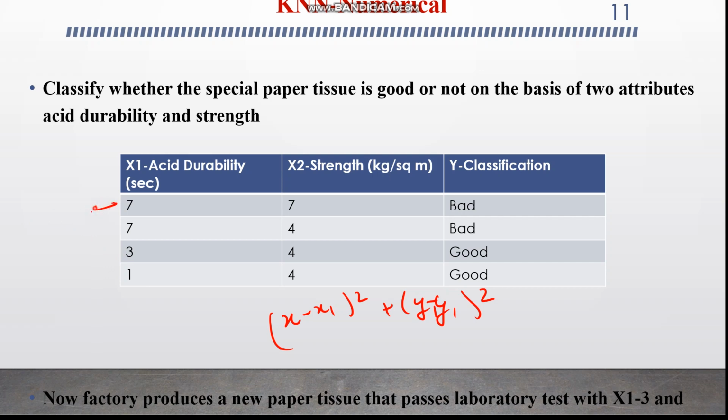Now when we calculate for this, it will be 3 minus 7 squared. This is the given value in my question: x is equal to 3 and y equal to 7.